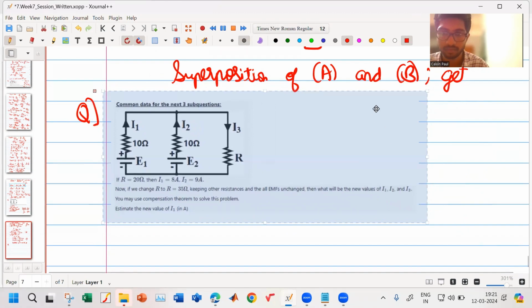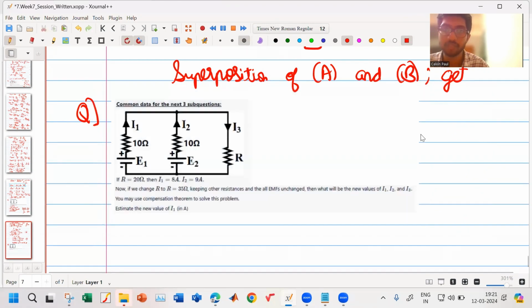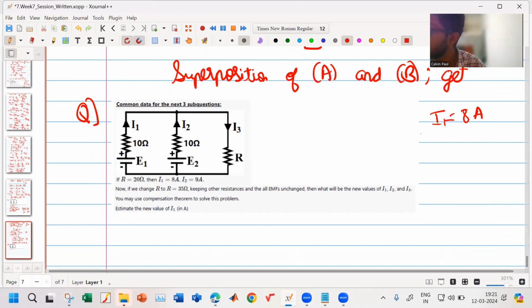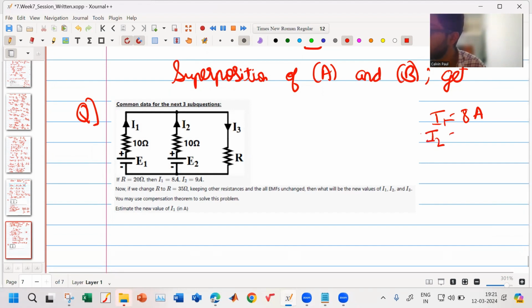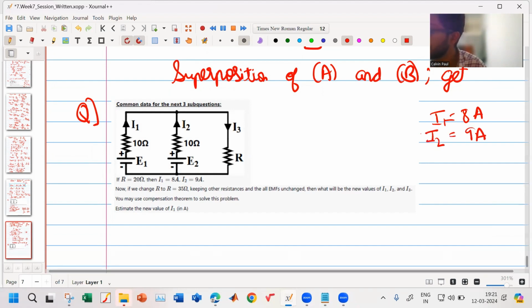Okay, so this is my question. What have they given us? They have given I1 is equal to 8 ampere, I2 is equal to 9 ampere, your R is 20 ohm, E1, E2 is not given to us.